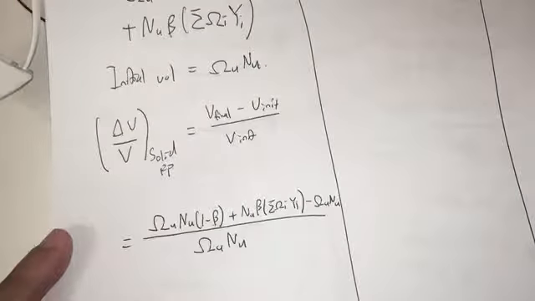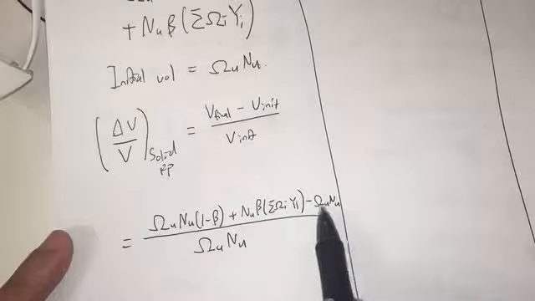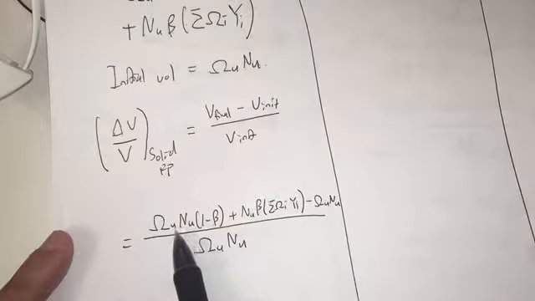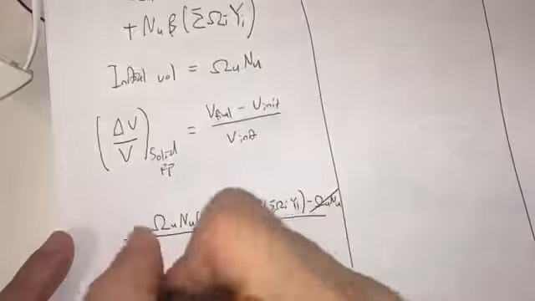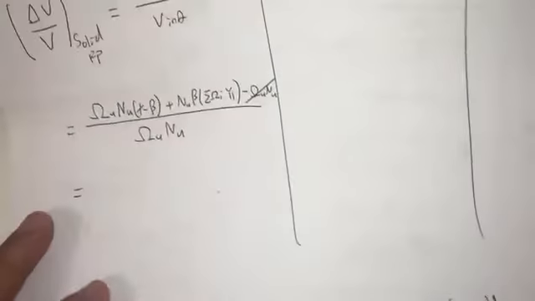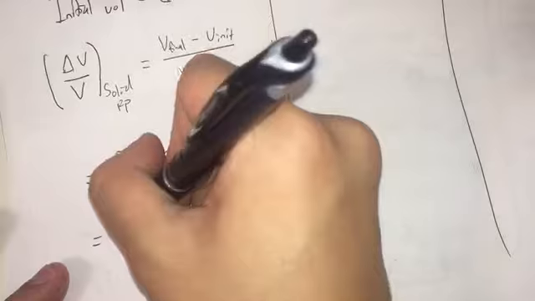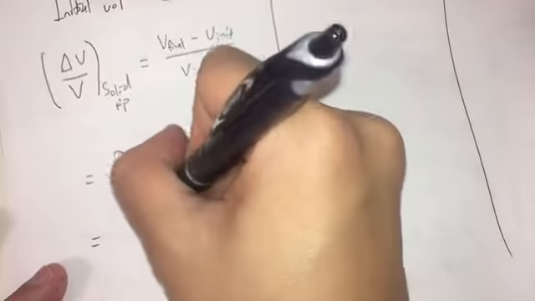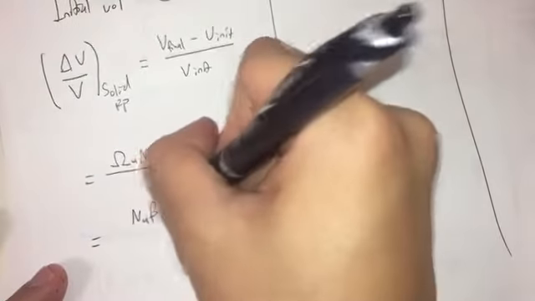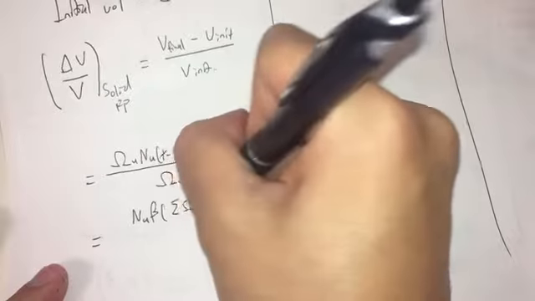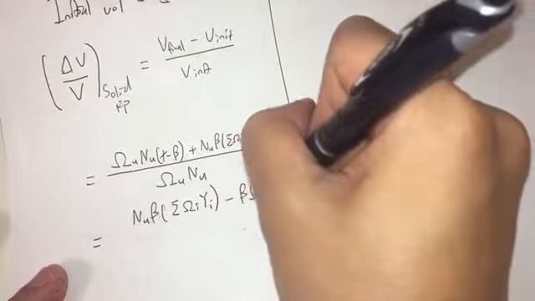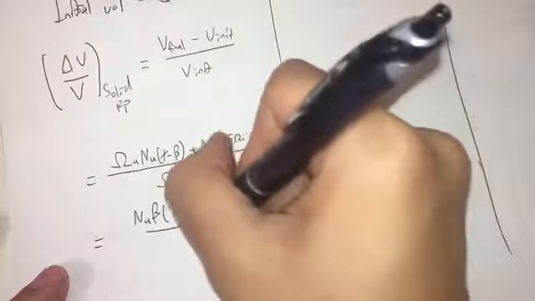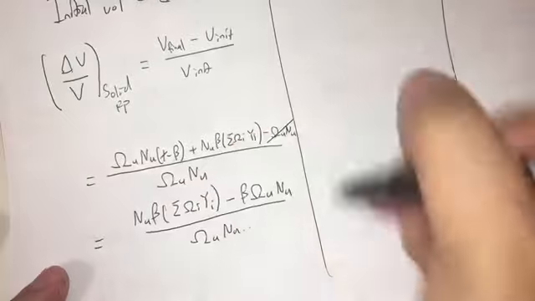Now we'll notice one thing, this will cancel out with this. So 1 times omega u and u will cancel out with this. So let's cancel. What we are left with is nu beta sigma omega I yi minus beta omega u and u.